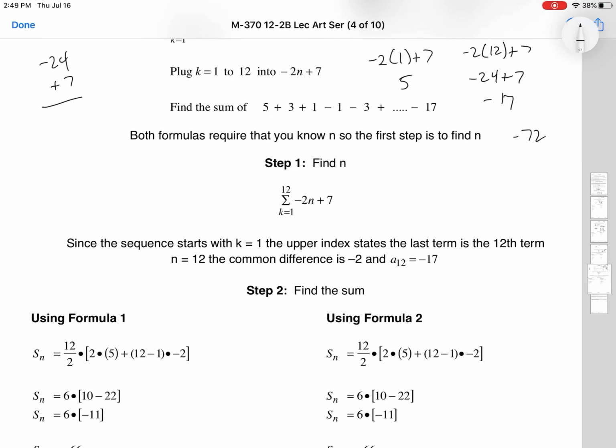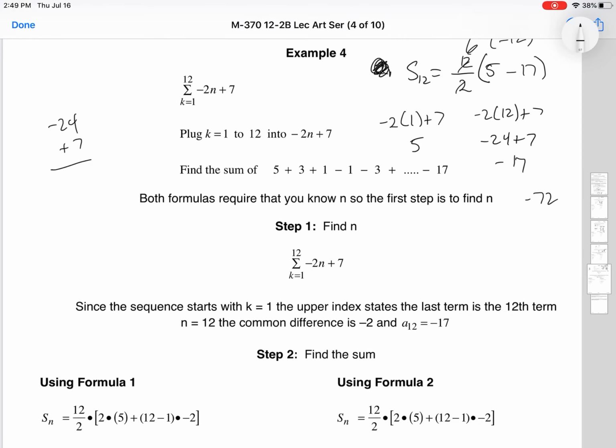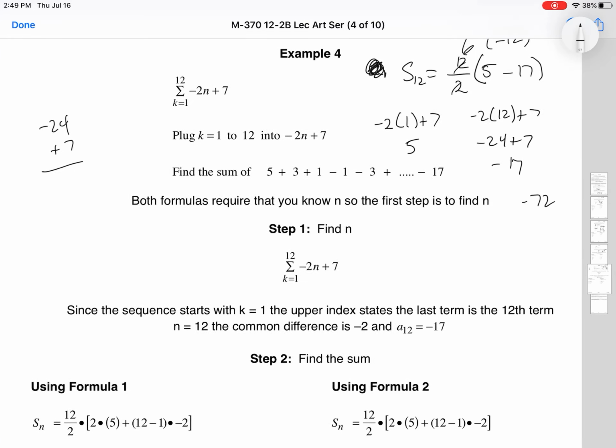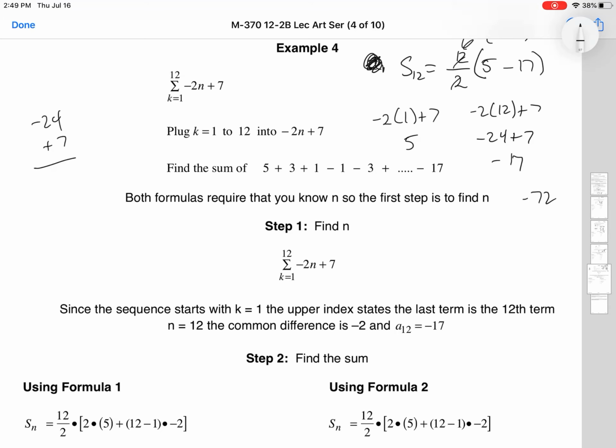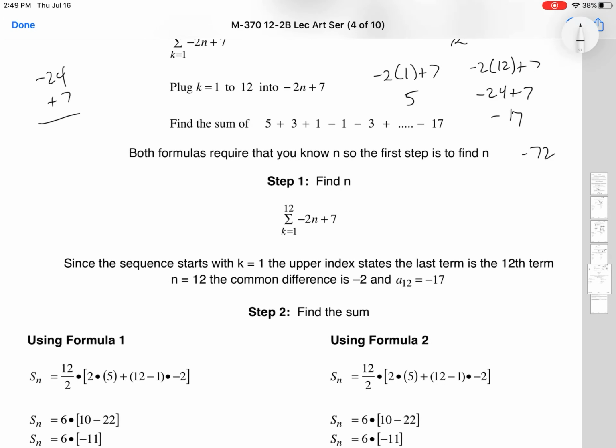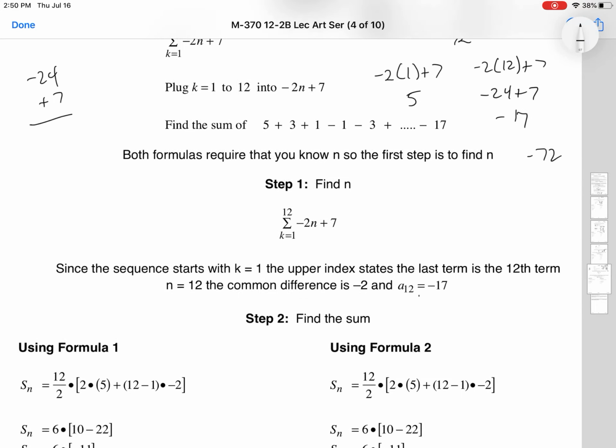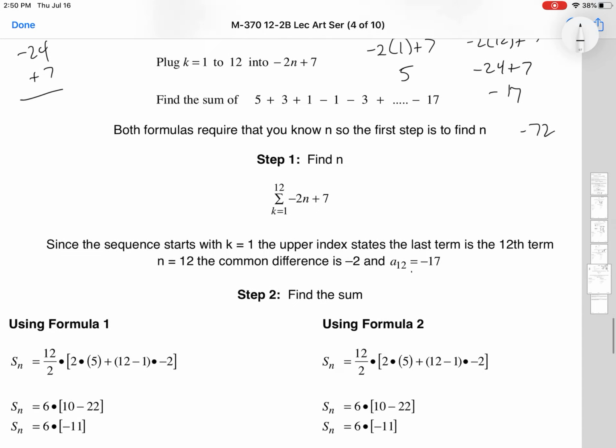The common difference is negative 2, right? Coming out. I don't know why we need to know that, especially using formula number 2. So there's 12 terms. The 12th term is negative 17. The first term is not 10.